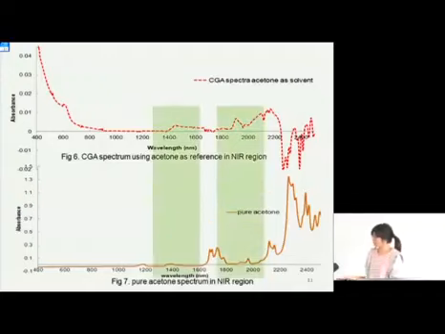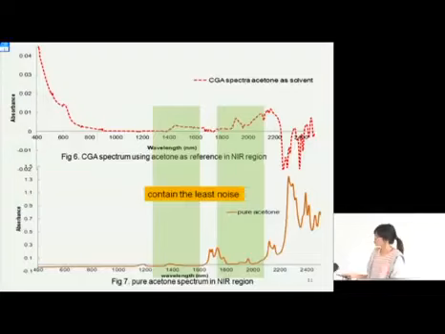We already know that acetone has low absorption in these two regions, so corresponding to these two regions, the CGA spectrum contains the least noise. But in other regions, such as this part, acetone absorption is strong. So in this part, the CGA spectra contain noise.